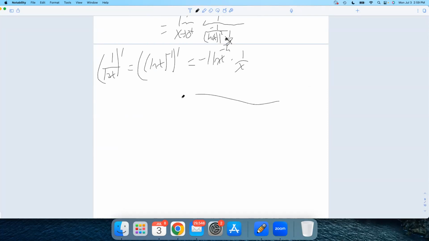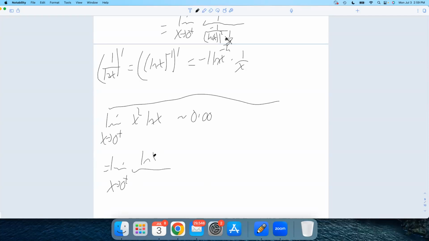So we could do a similar example here. Limit as x approaches 0 from above of x squared natural log of x. This is of type 0 times infinity. I want to write this as a fraction because I have to have either 0 over 0 or infinity over infinity.